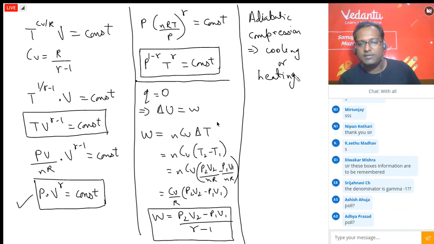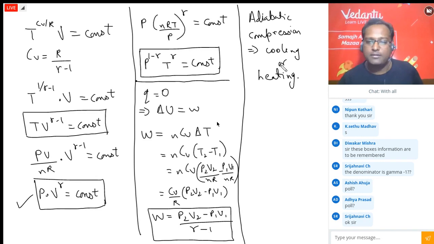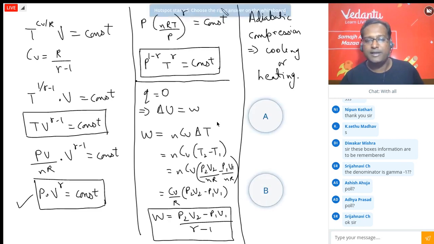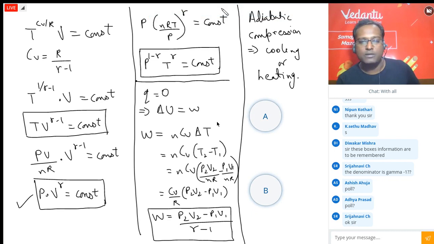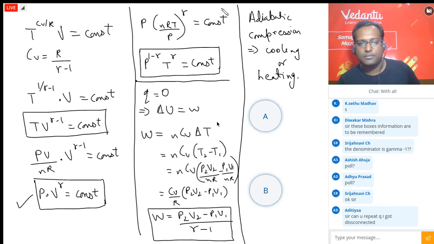The denominator is gamma minus 1, yes. Option A is for cooling, option B is for heating. Adiabatic compression means what? Is it cooling or heating?